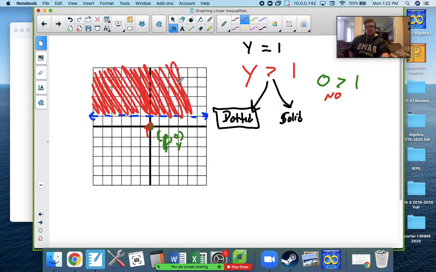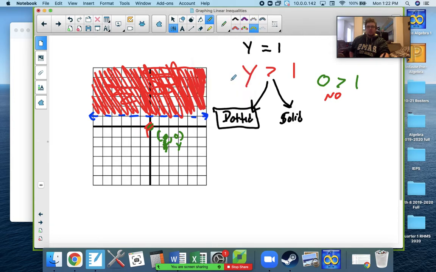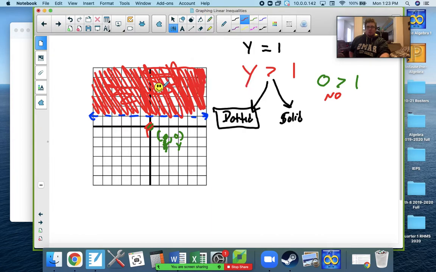What this statement is saying is that above this blue line, all of our y values are bigger than 1. To prove it, we can plot a point anywhere we want that's inside the shaded region. Let's say right there. The y-coordinate of that point is 4.